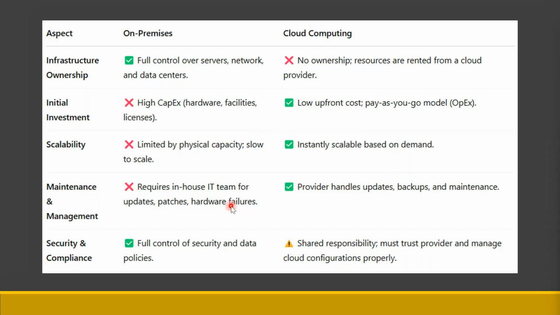When we say infrastructure ownership, when we have our own infrastructure, we have full control over the servers, the networks and the data center. But since cloud is providing it, if you are using Azure or AWS or GCP, you don't have the ownership.